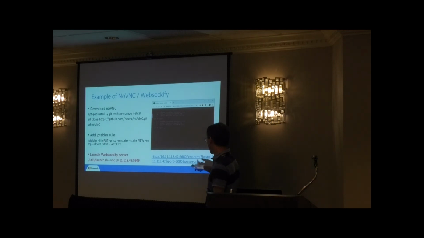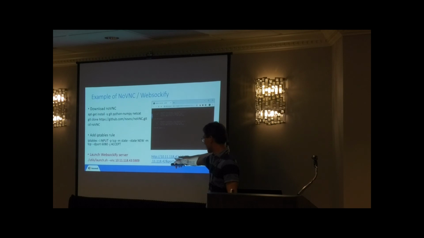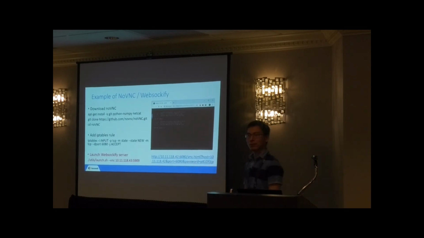Is that the internal one? No, this is actually the same as the IP and port of the URL, not the IP and port of the VNC server. Oh, okay. So the host is the same as this, and the port is also the same as this. So it doesn't matter. Actually, if we remove this one, it also works.